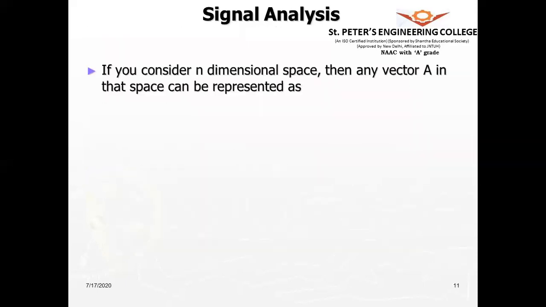Now, if you consider an n-dimensional space, then any vector A in that space can be represented as A is equal to x1 Vx plus y1 Vy plus z1 Vz, etc. up to n1 Vn.